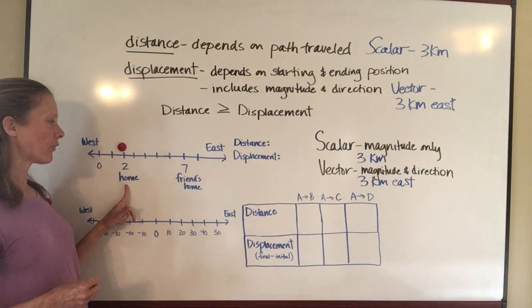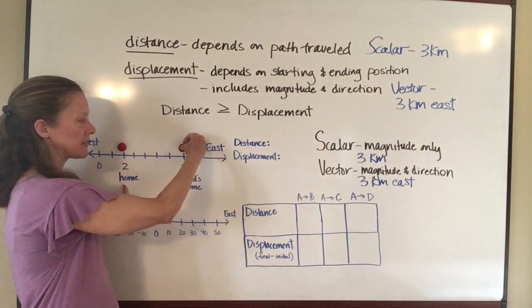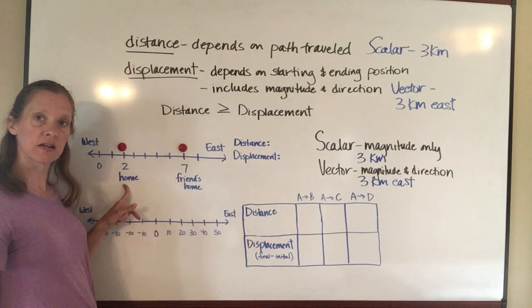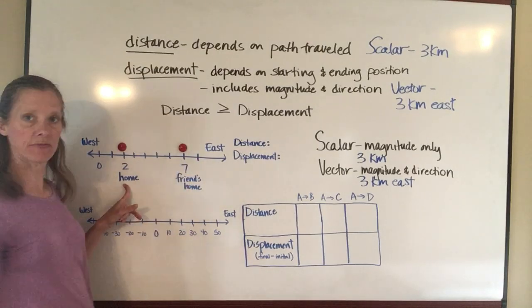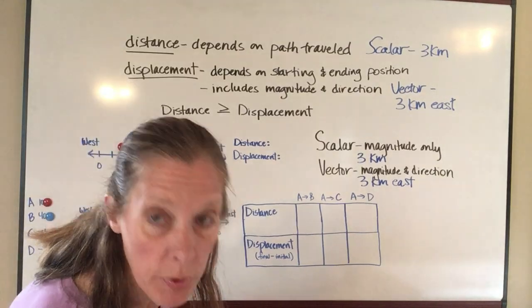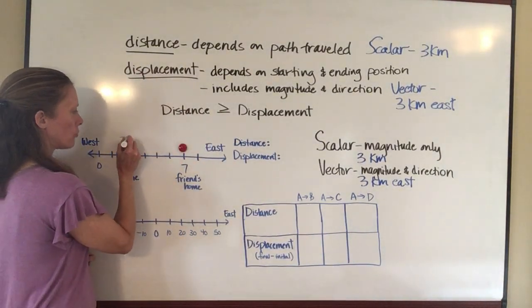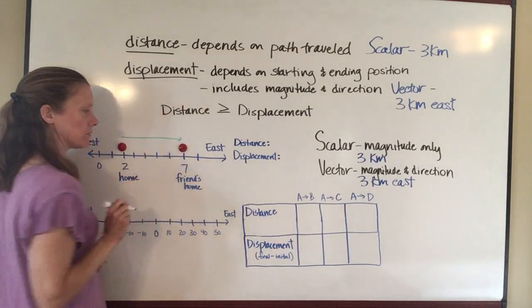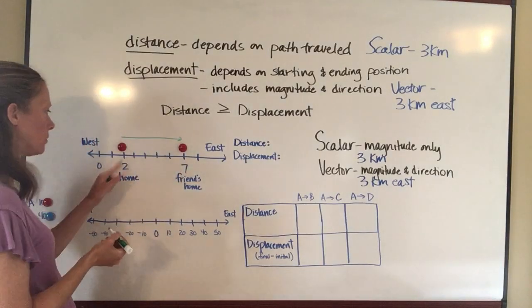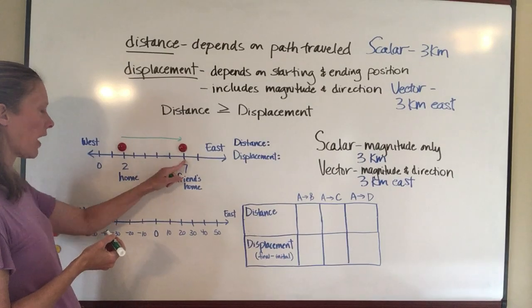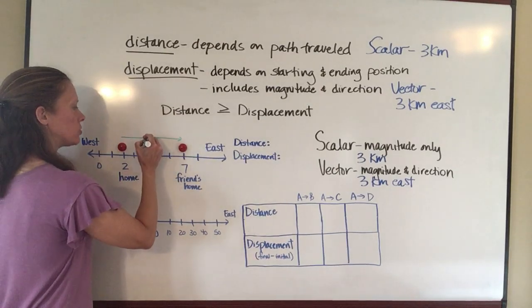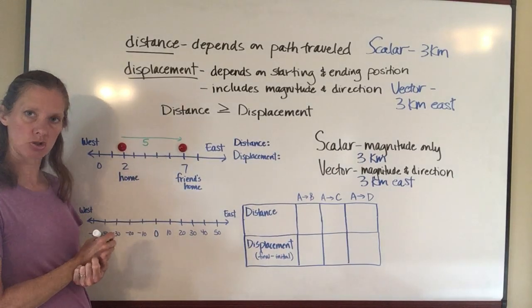So I'm going to go from home to my friend's house, and my friend lives at 7. So maybe that's the house number or something like that, okay? So when you go from your home to your friend's house, how far have you gone? Well, you've gone 1, 2, 3, 4, 5, or 7 minus 2, which is 5 units this direction.